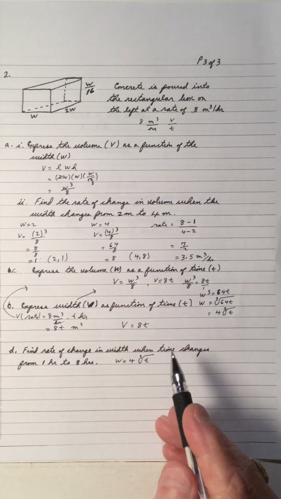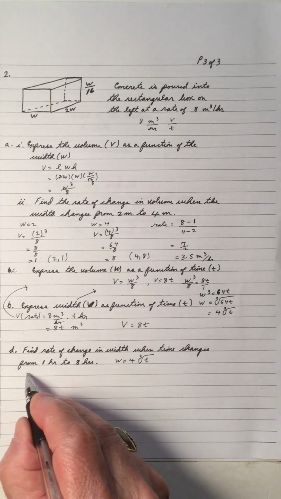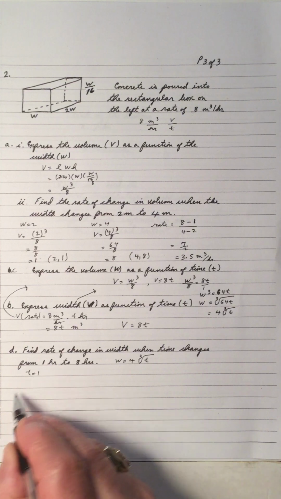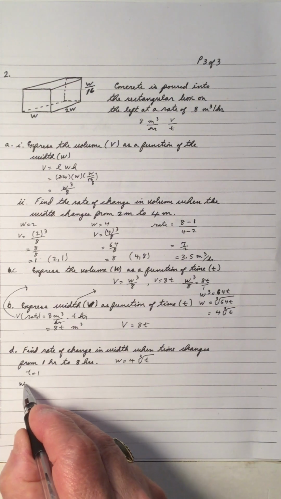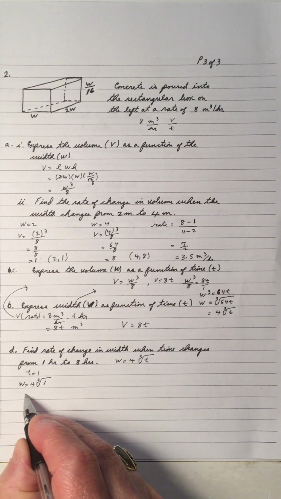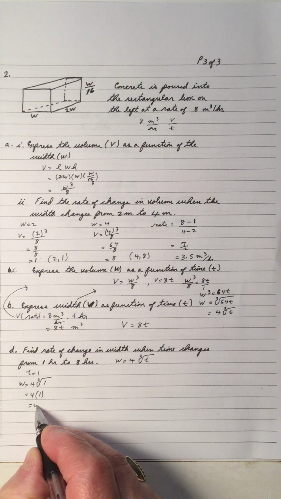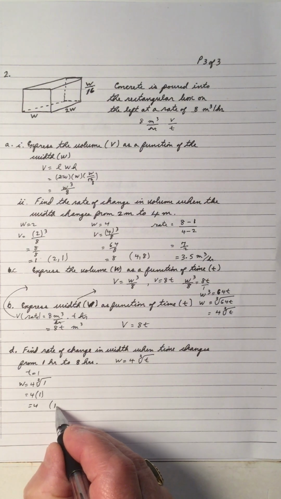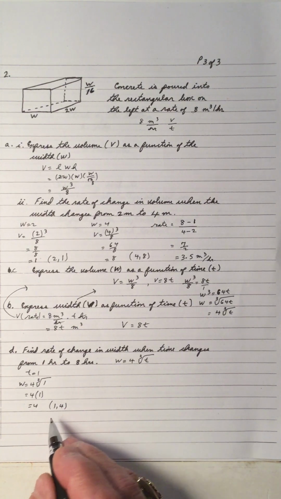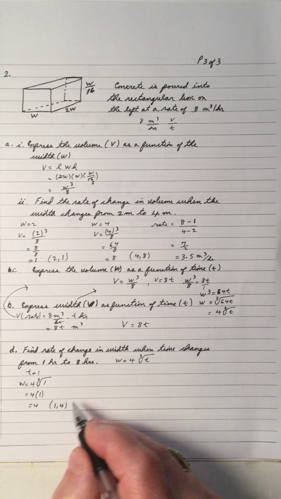I'm leading you through. Now, what about when the time is 1 hour? So we put 1 hour in here. So W equals 4 cube root T is 1. 4 cube root of 1 is 1. So that's a 4. So this point is 1, comma 4. So in 1 hour, the width is 4.